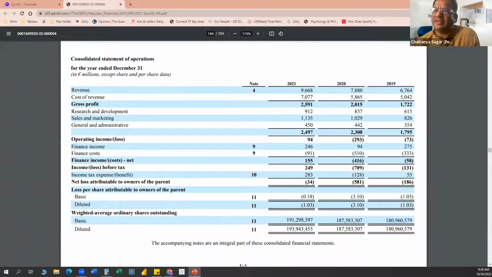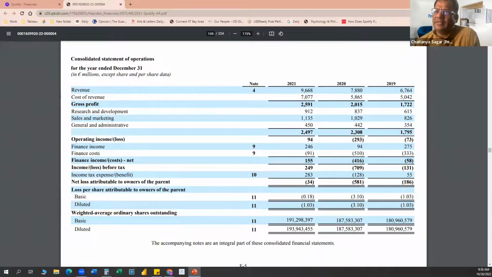As opposed to that, these guys have 26% gross margin. Now let's look at cost of revenue. I think it will be great to see what those would be. I think a lot of it would be royalties and stuff like that. We will take a look at it.